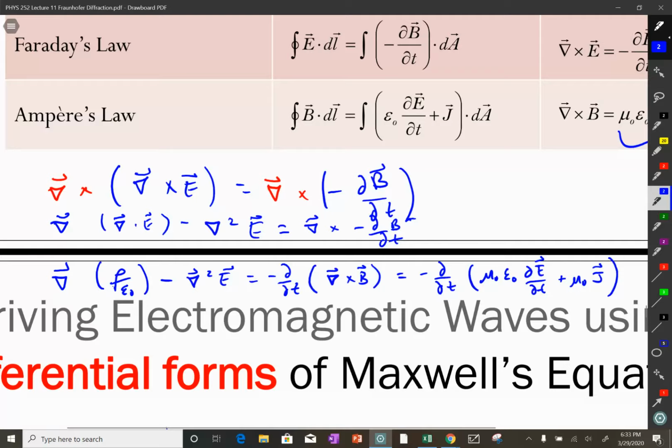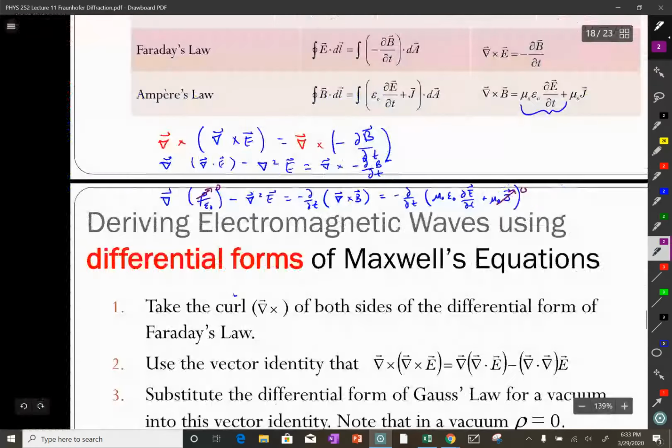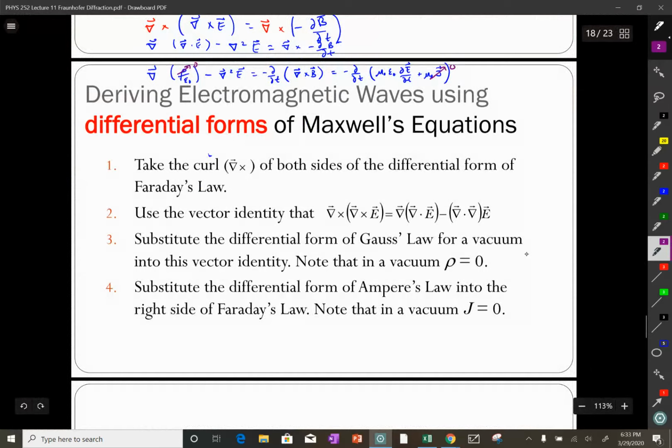And now we're actually only one step away. And what is that step? If we're doing this in a vacuum, the charge density is 0 and the current density is 0. And so what we have after doing all of this work is minus del squared E equals minus, oh, I forgot, minus mu epsilon 0, d second E dt squared.